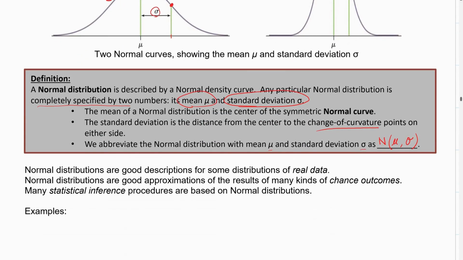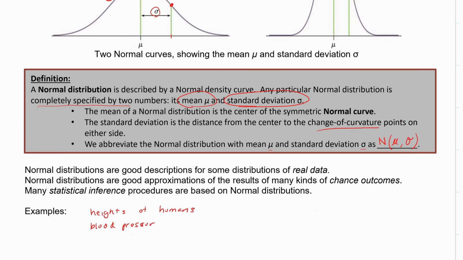We're going to see these normal distributions everywhere, and they just show up naturally in nature. For example, the heights of humans are normally distributed. So are blood pressures of humans.